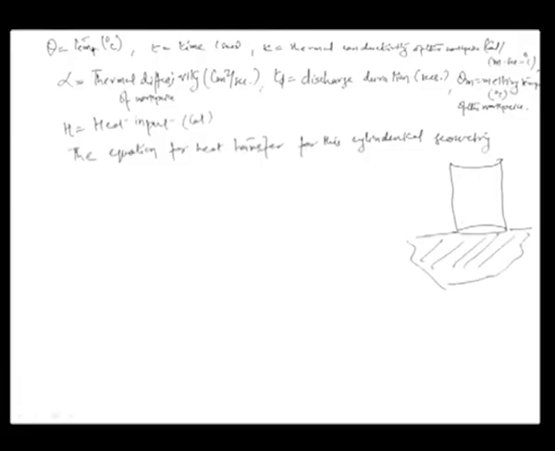So therefore, if we assume no variation with the angle phi, phi is this angle, okay. So we consider circular symmetry.